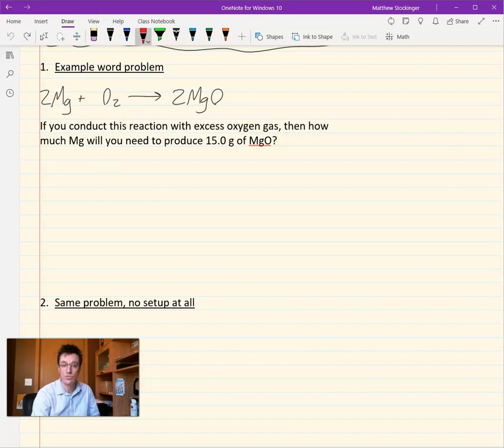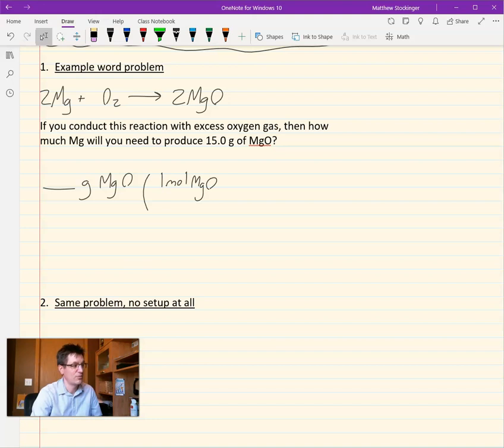Now, whenever you do a calculation, you always want to look at the limiting reactant if you have a choice, not the excess. So how do we do this? Well, I'm going to do one level here, the setup with one extra blank.